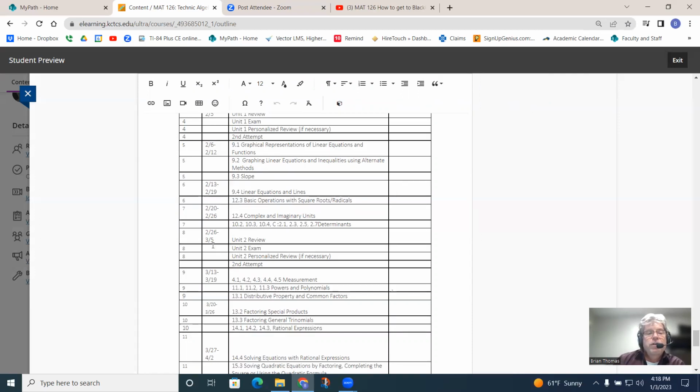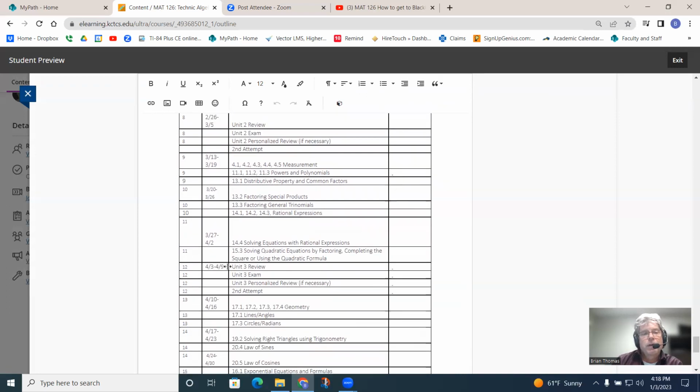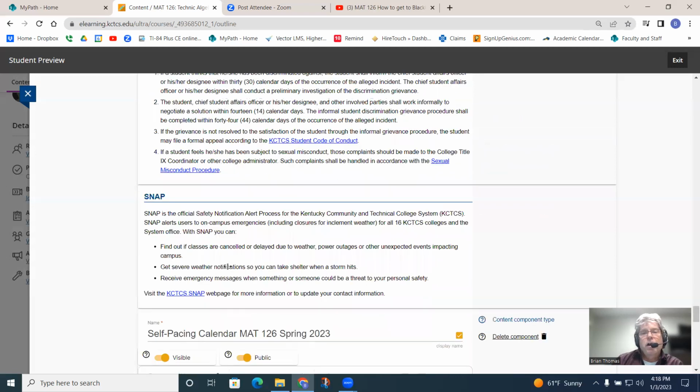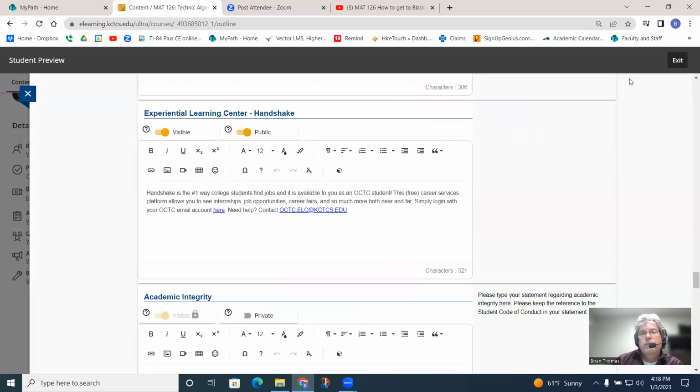Notice around March 5th is when we get into spring break. March 6th through the 12th is spring break. That's why there's this big break between week 8 and week 9. So that's a little bit about our syllabus.